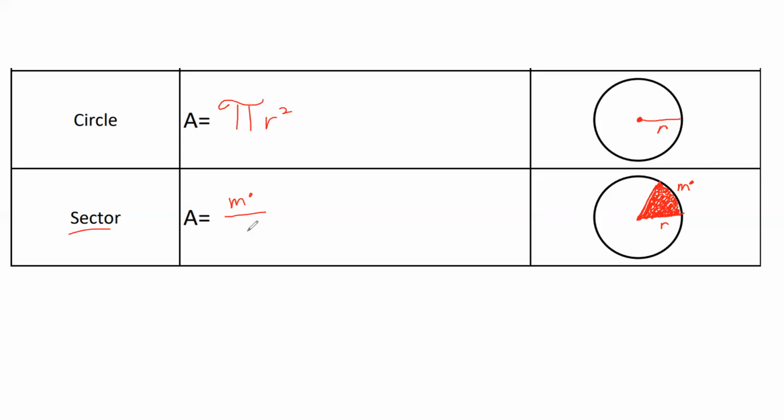But the measure over 360 times, now when we did our length of an arc, we used our formula for circumference. Here, we're multiplying it by the area of a circle. We're doing area of a sector. So pi r squared. Again, the measure of the central angle or the arc that we're using over 360 times pi r squared.